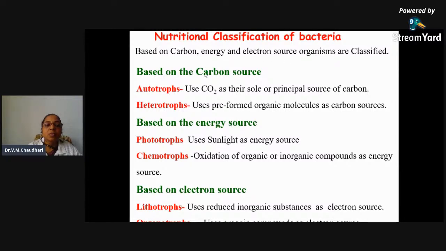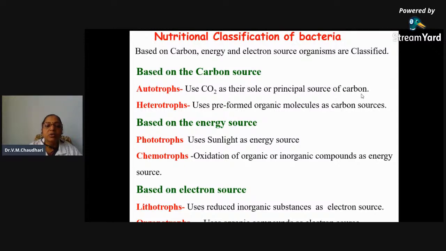On the basis of carbon source, organisms are classified into two main types, autotrophs and heterotrophs. Autotrophs are organisms which use CO2, that is atmospheric CO2, as the sole or principal source of carbon.